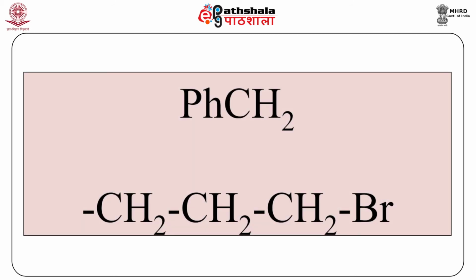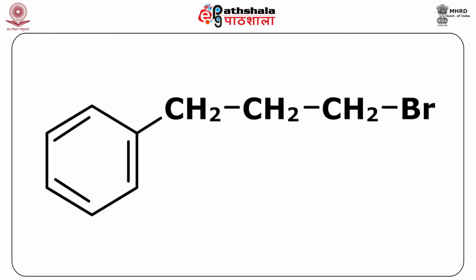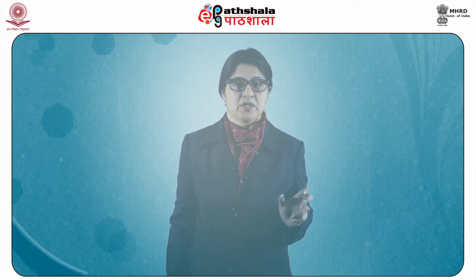Thus, the substructures present are phenyl, CH2, CH2, CH2Br. Since the total number of carbons is 9, the compound is 1-bromo-3-phenylpropane.